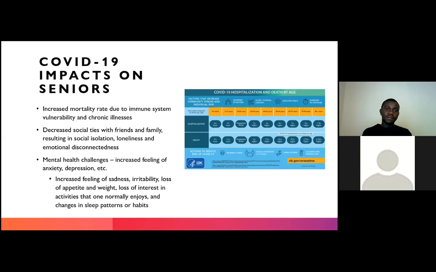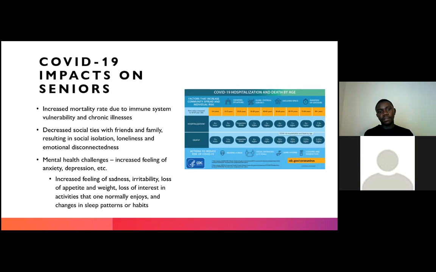And then with COVID happening, the whole pandemic thing, there was a big impact on seniors and their access to healthcare. But in general, for just general seniors, as you grow older, you are very susceptible to infections, and that happens from a vulnerable or compromised immune system.